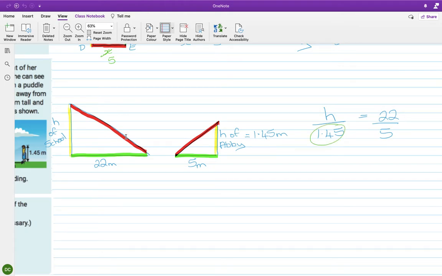So the 1.45 is going to be multiplied by 22 and the 5 is going to be multiplied by h. So that is 5h equals 31.9. And then we're going to divide by 5 to cancel the 5 and isolate the h. So I'm getting that the building has a height of 6.38 meters.